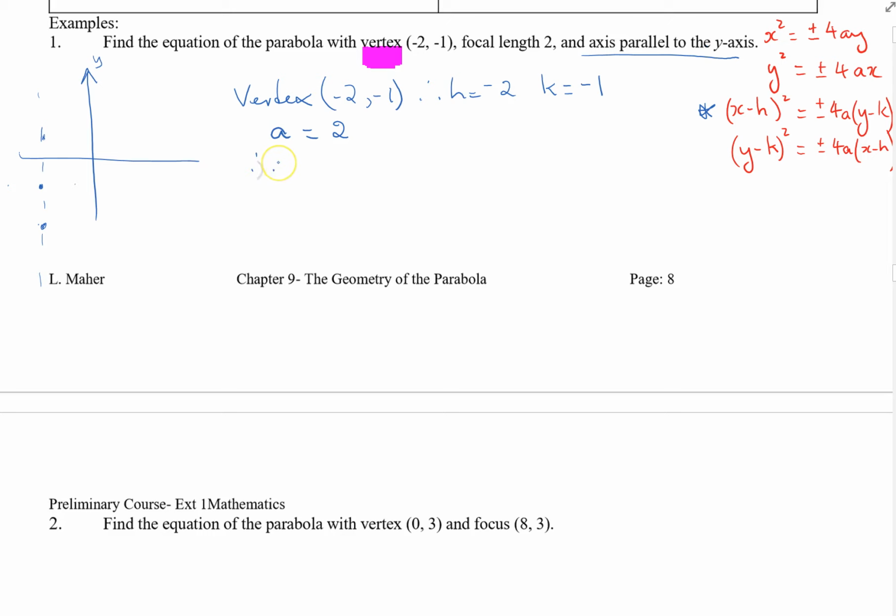Now, I think I've already chosen the format. I want x minus h all squared is equal to plus or minus 4a(y minus k). I was given a, I didn't have to find a, and I've got my h and k.